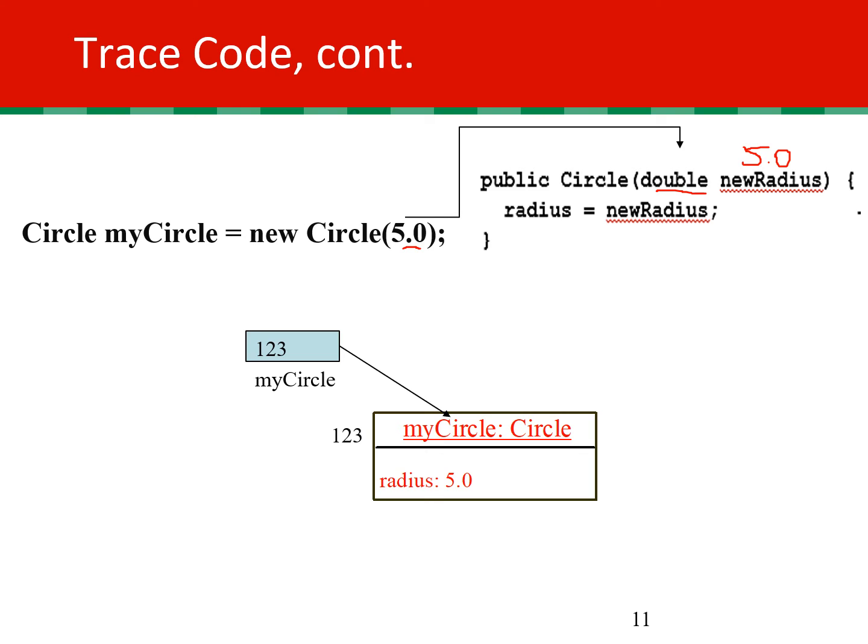So radius right now is 5.0. So you have myCircle, so the myCircle variable is created, and it's pointing to the object just created from executing the constructor. So the value of radius now is 5.0.